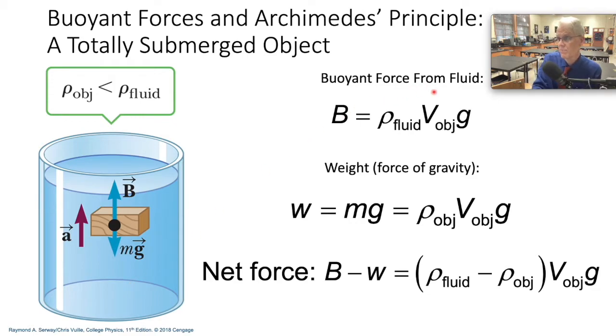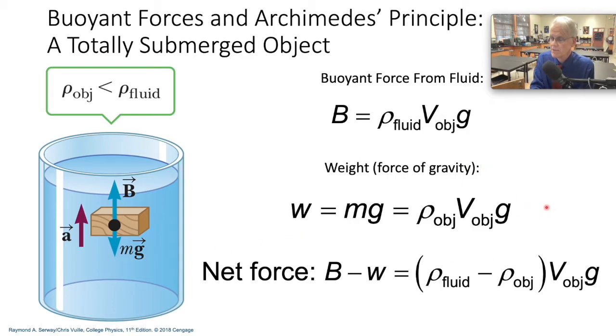If we look at the buoyant force from the fluid, which we looked at before, the density times the volume times g, and then the weight, or the force of gravity, on our object, which again is going to be rho v times g, this time of the object, the net force will be the buoyant force pushing up minus the weight pulling down.